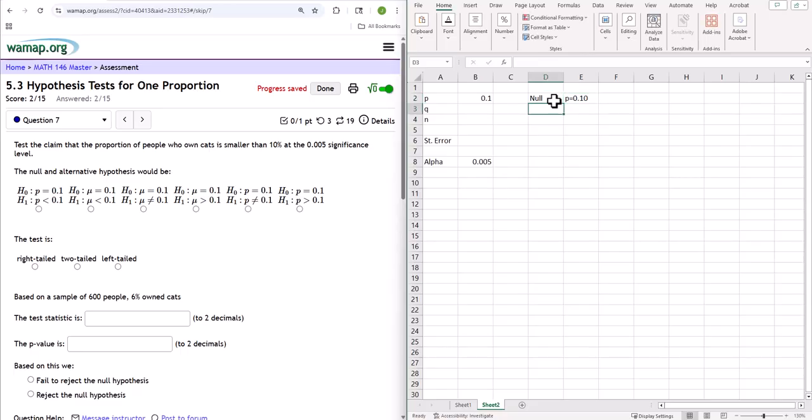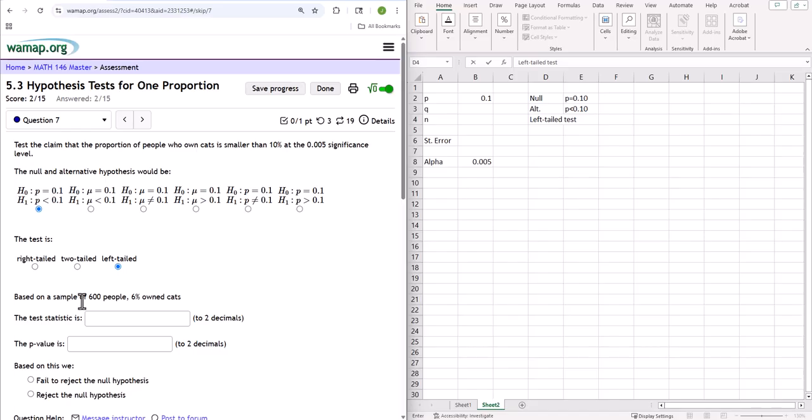Our null hypothesis is always that it's equal to something, and our alternate then is P is less than 0.10, and that makes this a left-tailed test. So we've got that action happening so far. And if I go through here, I've got proportions, so some wrong answers that are close here. This is for means. Right here, this is what we're talking about, our null and alternate hypothesis. Again, since we have a less than for our alternate hypothesis, this is left-tailed.